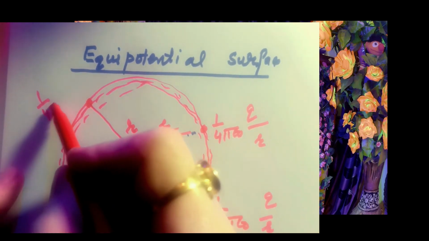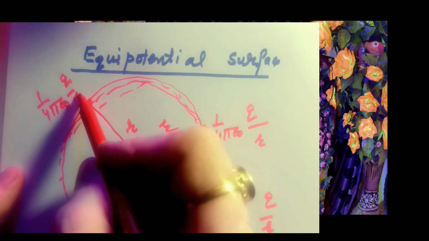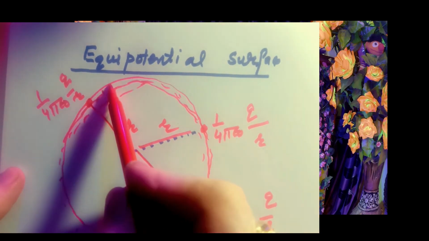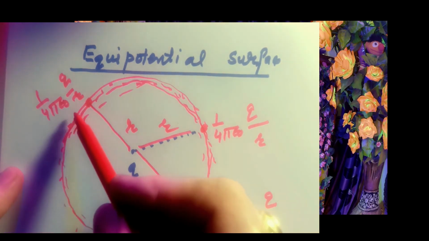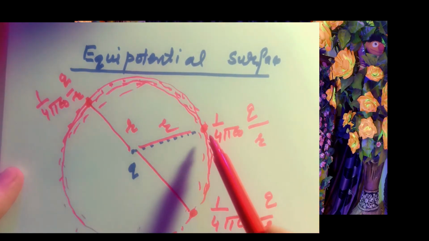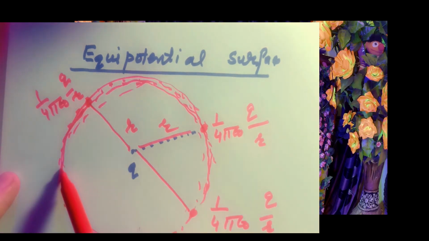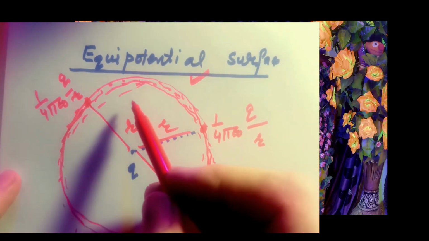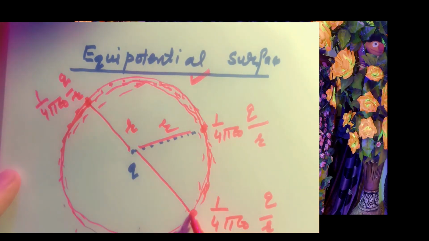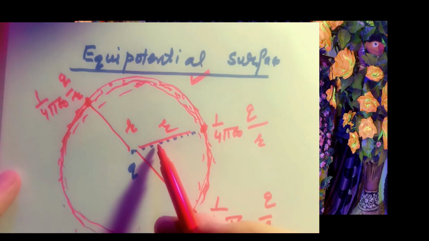Constant q by r. So at every point on the spherical surface, the value of the potential is the same. So this surface is called an equipotential surface. It means potential is equal at every point on this surface.